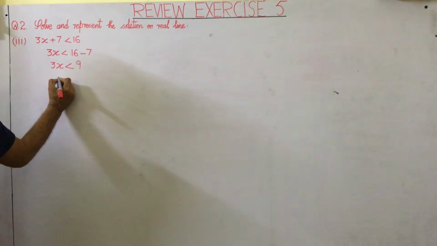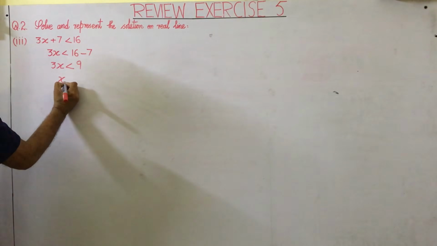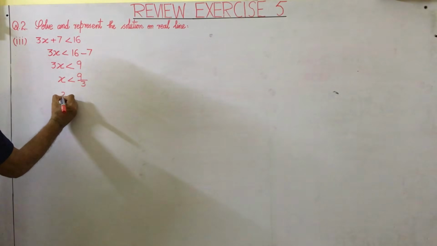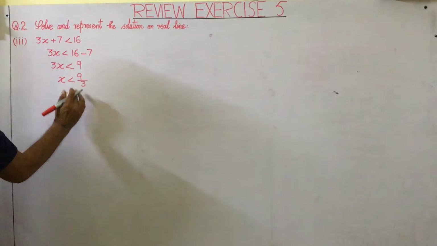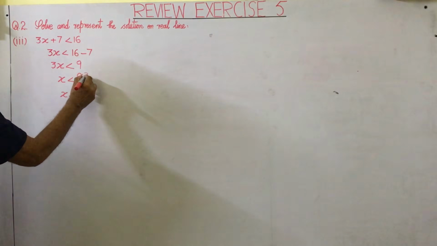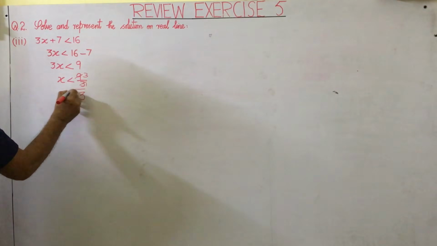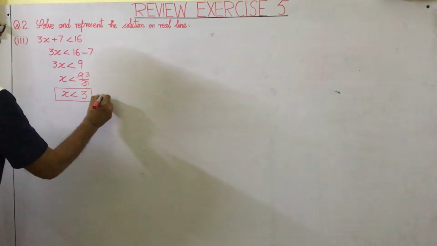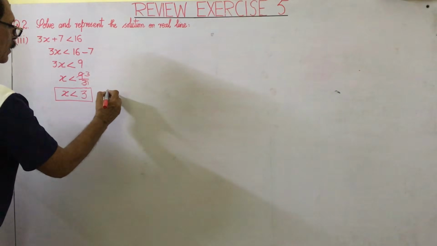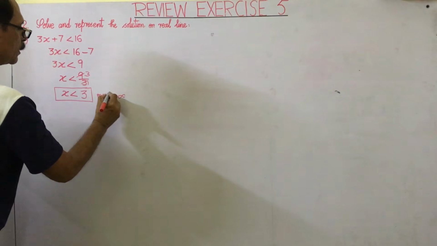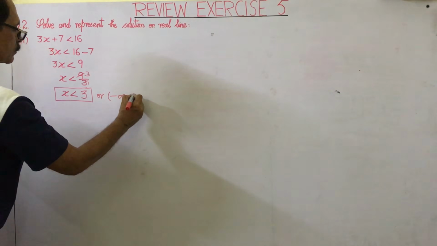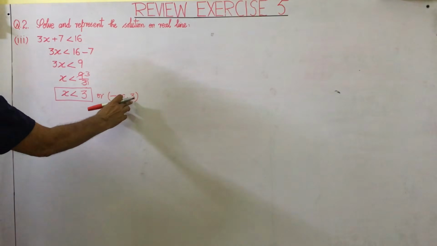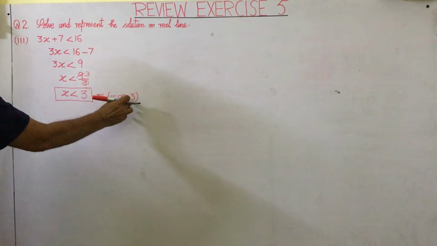Dividing both sides by 3, 3x over 3 is x, and x is less than 9 over 3. x is less than 3, since 3 ones are 3, 3 threes are 9. Or, in interval notation, within the parenthesis, minus infinity and 3. It means that 3 is not inclusive.